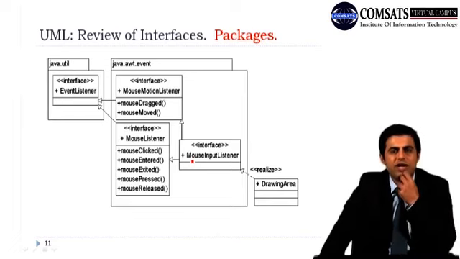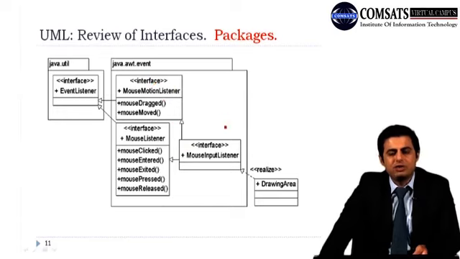If you ever worked on MS Paint, then you must have seen that all the painting which you do in MS Paint is with the help of the mouse. So it has different kinds of actions which you can take, different kinds of drawings you can make, but all of them are with the help of the mouse.